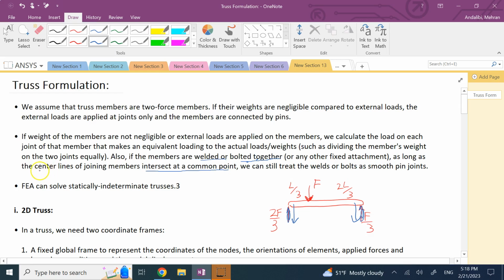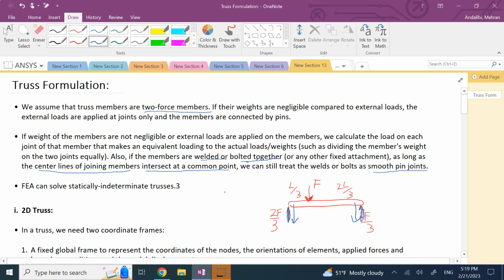So if the center lines of the members connect at a common point, you can still treat your bolts or welds as smooth pins.